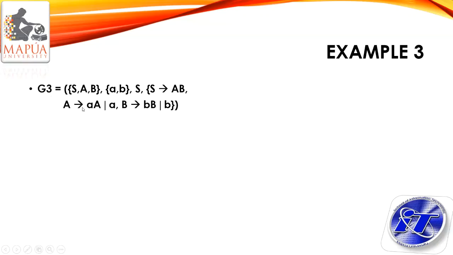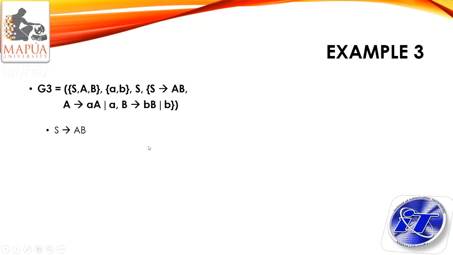We have this grammar: S, A, B are the non-terminal symbols, small a and b the terminal symbols, capital S the start symbol, and the rest are the production rules for determining the acceptable strings. Let's start with the start symbol. The start symbol yields capital A B. A could be replaced by either small a capital A, or just small a.